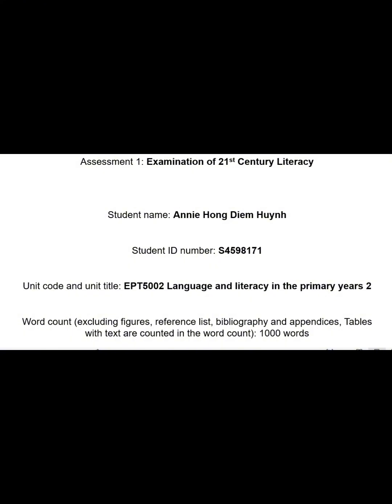Last but not least, my critical reflection on this assessment is I am committed to a 21st century literacy approach that empowers diverse learners through student-centered, culturally responsive teaching and the development of critical literacy skills.